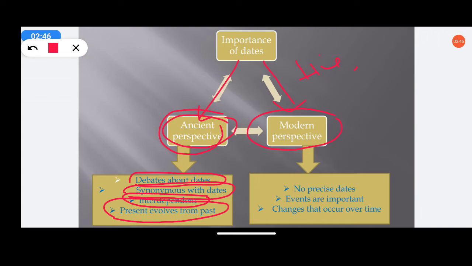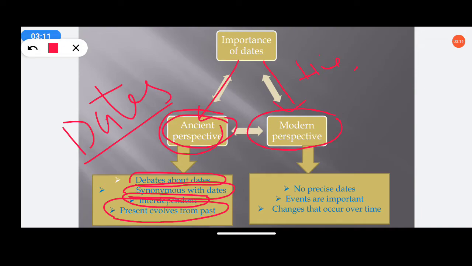So according to them, whatever we are witnessing at present, it is past, and that past is associated with dates. Therefore, we can say that according to ancient historians, we can't think about history without dates.